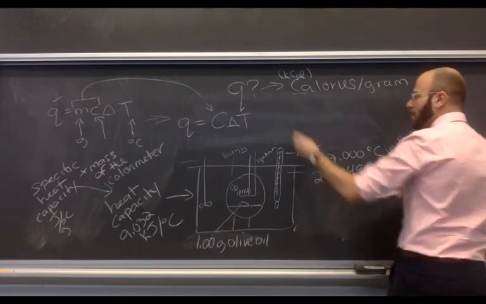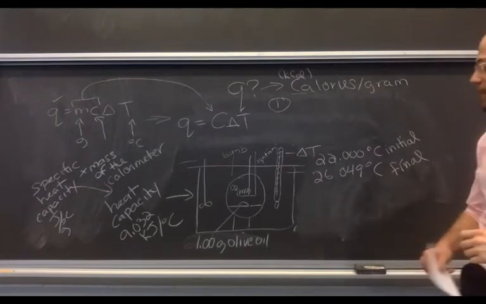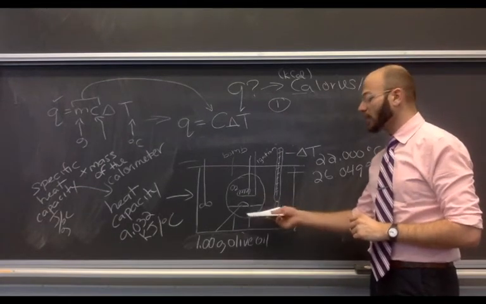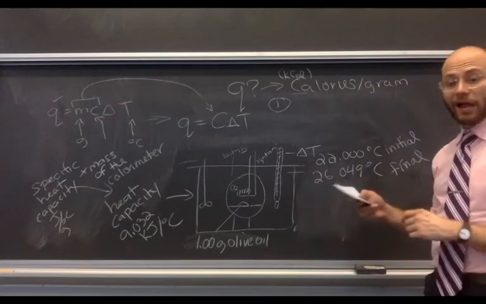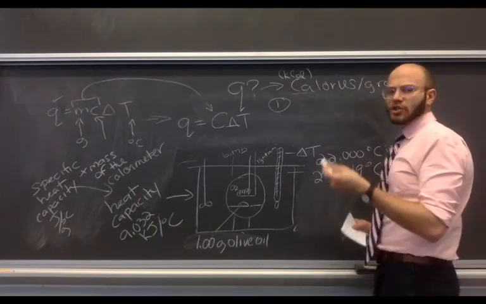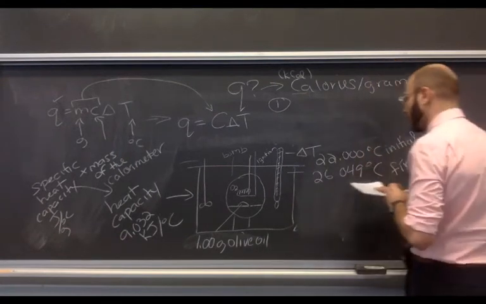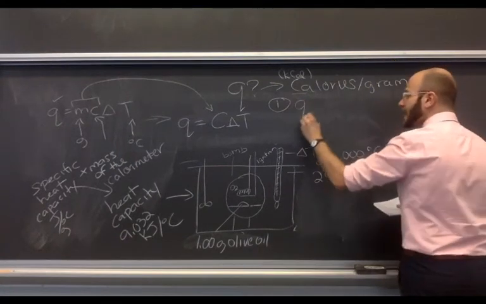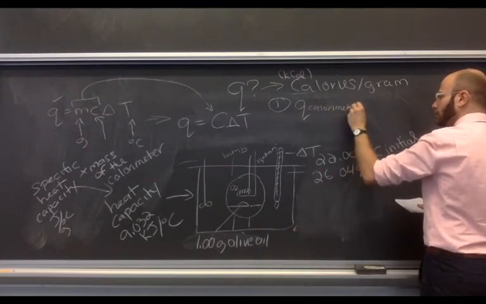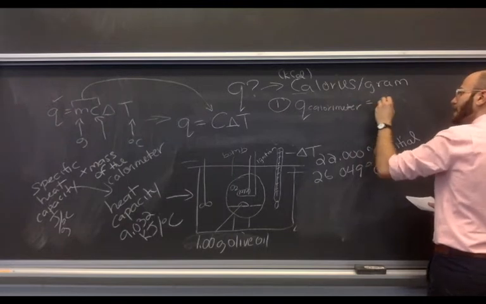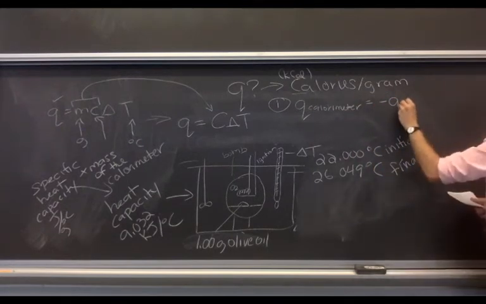Okay, so the first step that you're going to take is to think about the relationship between the energy in your olive oil and your reaction, the combustion that will occur, and the calorimeter itself. So we're going to talk just briefly about the sign here, and I'll try to go through more of that later. In this case, the heat related to the change in the calorimeter is going to be negative, or the opposite of the heat of the reaction.